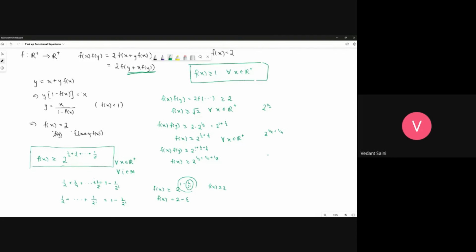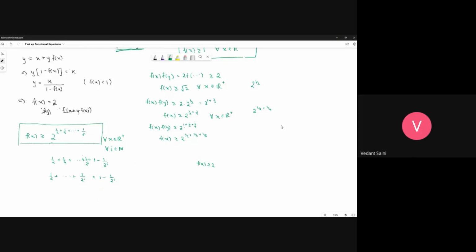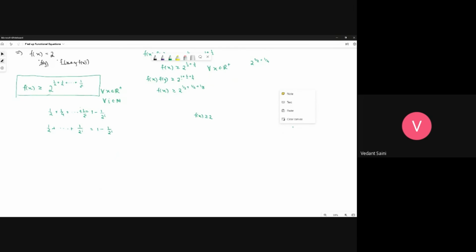So for some large i, the power thing will get greater than 2 minus epsilon. Having this thing is powerful.